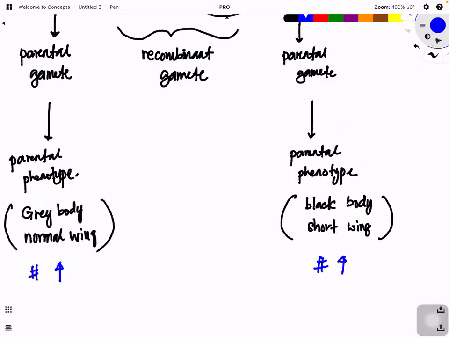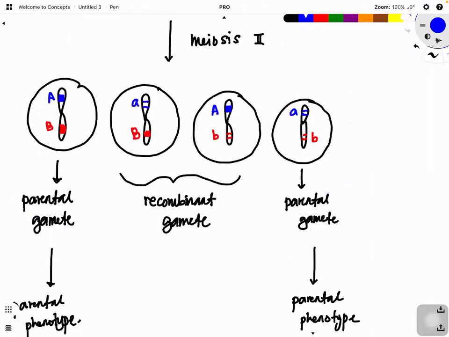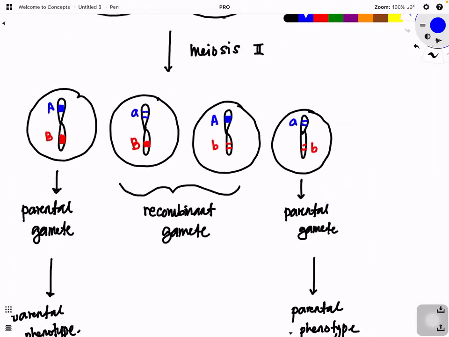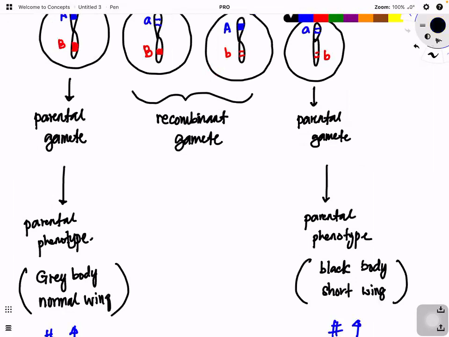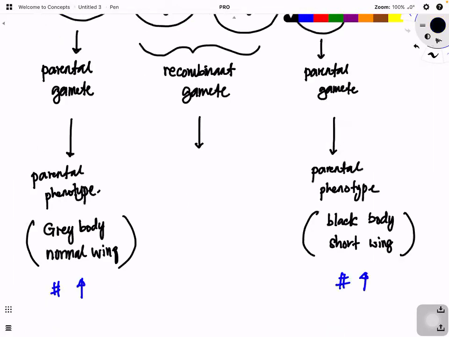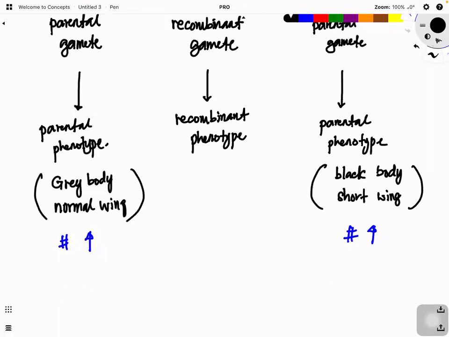But this small crossing over will give us a small number. These two gametes will be in small number. They're going to give us the recombinant phenotype, because we recombine the alleles in one chromosome. In this case, we have 2 possibilities.